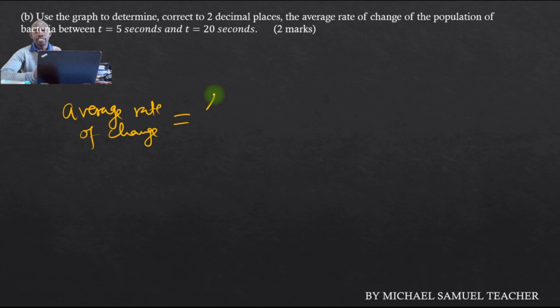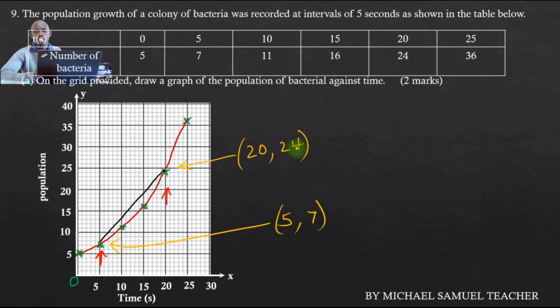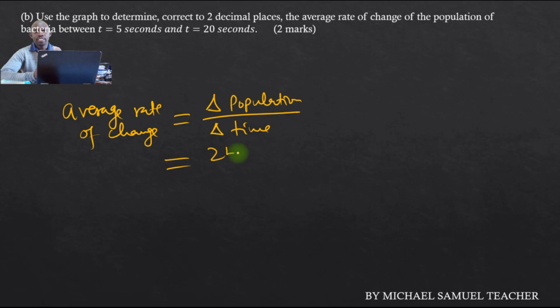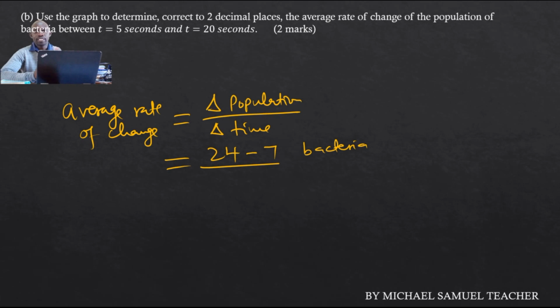Average rate of change is equal to change in population over change in time. Change in population is 24 minus 7, and those are bacteria. The change in time is 20 minus 5.